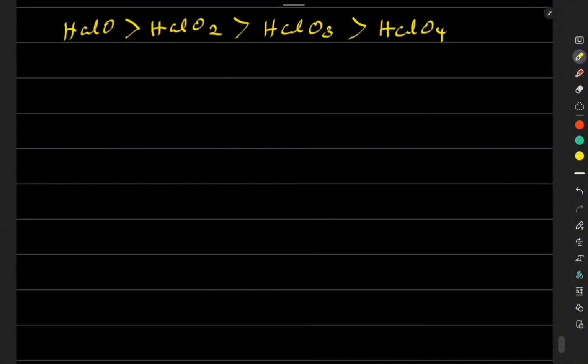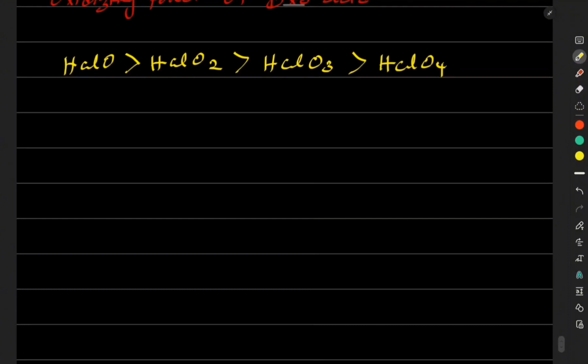Now let's look at the halides of group 14 and group 15.